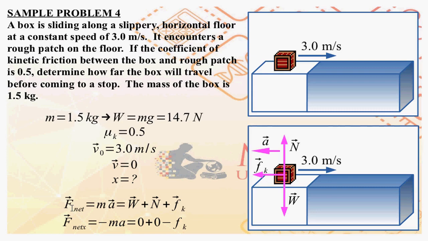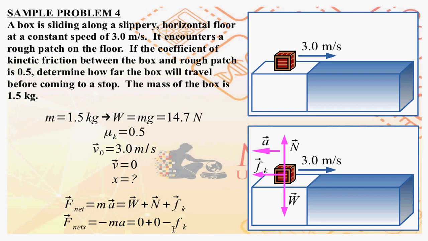X component: F net x is equal to the x component of acceleration. Acceleration is horizontal, negative direction, so minus ma. X component of weight: vertical, no x component. Normal force: vertical, no x component. X component of kinetic friction is horizontal, negative direction, which tells us that ma is just equal to kinetic friction magnitude.